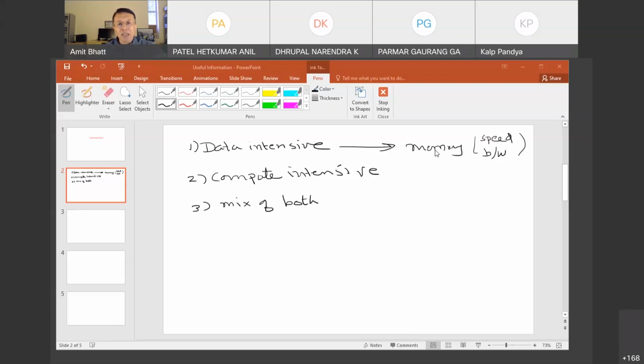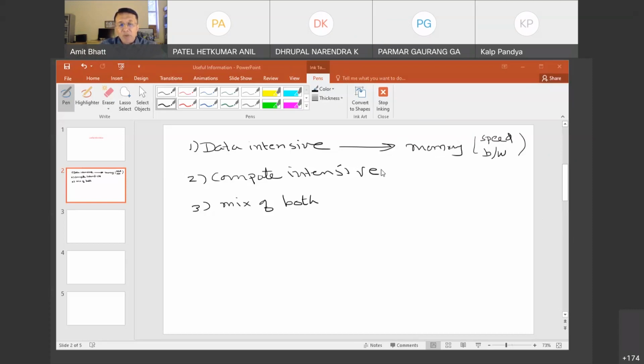Your memory may be large, maybe very fast, but suppose your bandwidth, which brings data from memory to your processor, or between various memory modules, is just say 256 bits or 128 bits, then naturally your computer would run slow. So for data intensive tasks, it is mainly your memory, its speed and bandwidth, which counts.